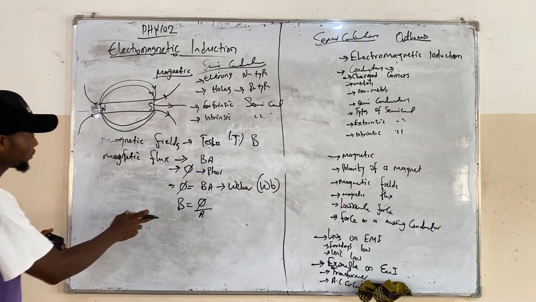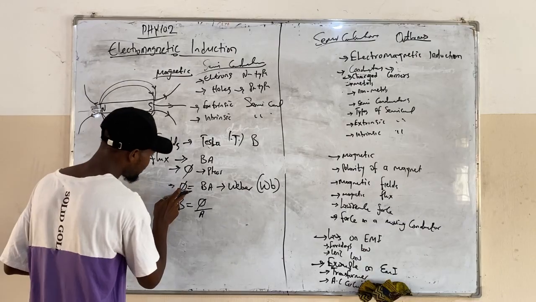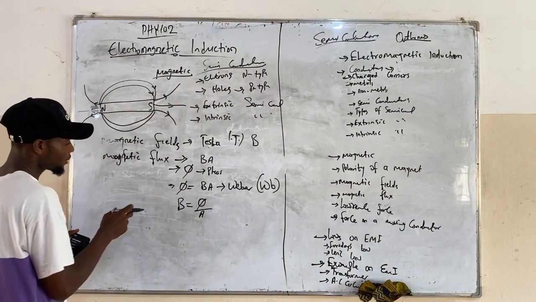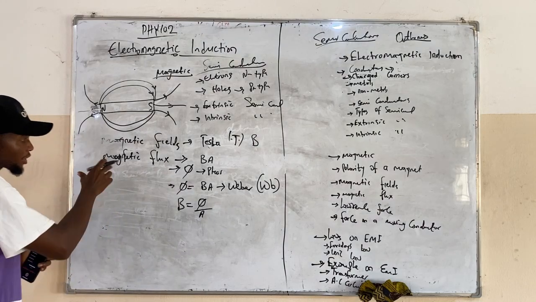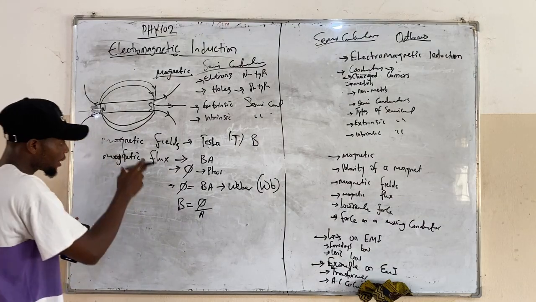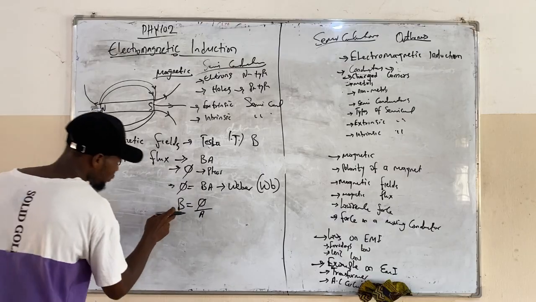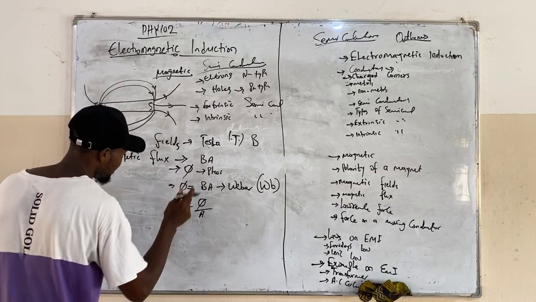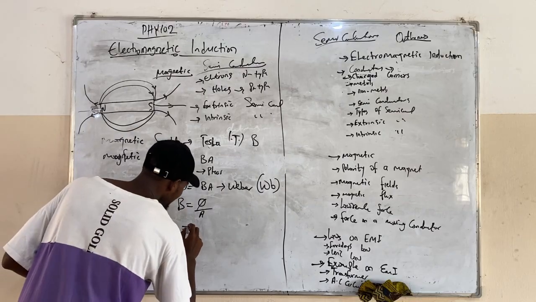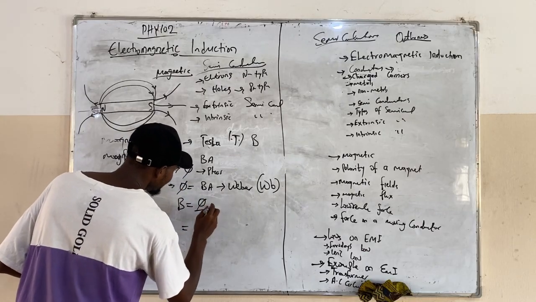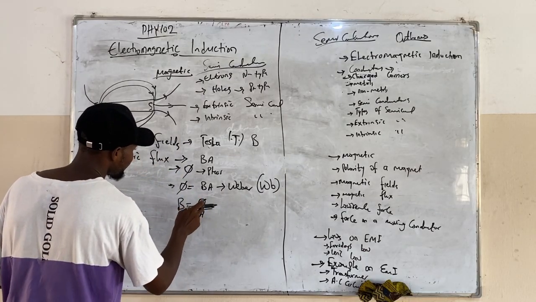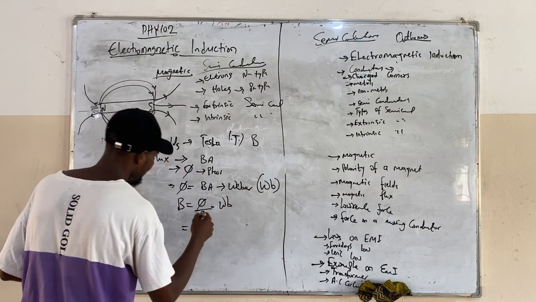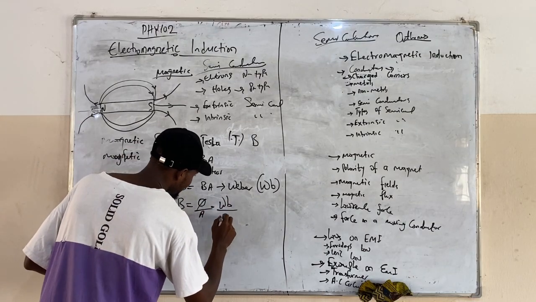So since magnetic flux is represented using Weber, let's check for the magnetic field now. I told you the SI unit for magnetic field is Tesla. So Weber is the magnetic flux, and our area is meter squared.